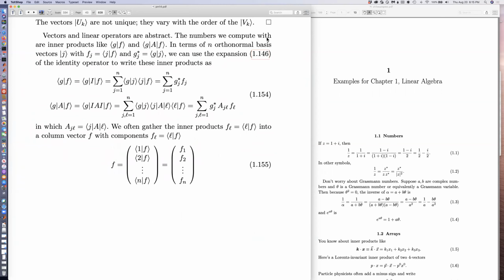And one thing to keep in mind that mathematicians love to emphasize is that the numbers we compute with are inner products like this and like that. These are numbers, these are complex numbers.